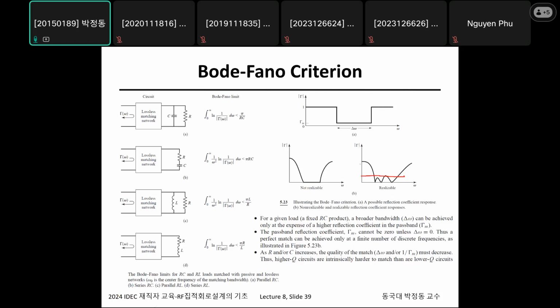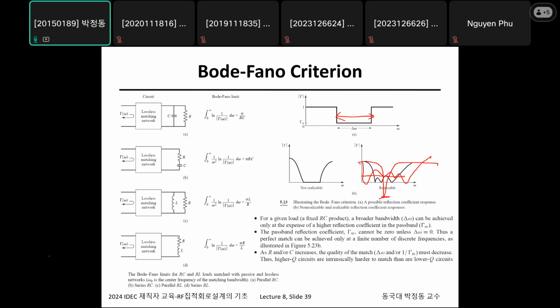If the bandwidth is wider, matching is worse. If the bandwidth is narrow, the matching quality becomes better. Okay, this is the Bode-Fano criterion. You cannot achieve very good matching with a very wide band. This is impossible.